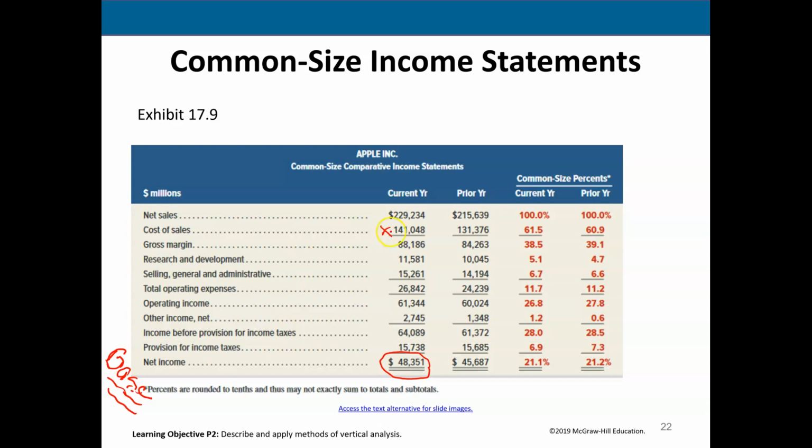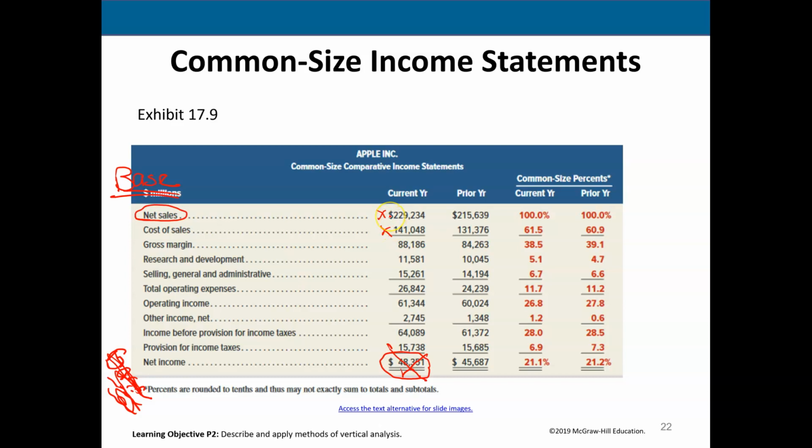Take 141,048, divide it by, no, I'm sorry. Net sales. That is not the base. I'm like, wait a second, that doesn't make any sense. The base is net sales. I am so sorry. The base is net sales.